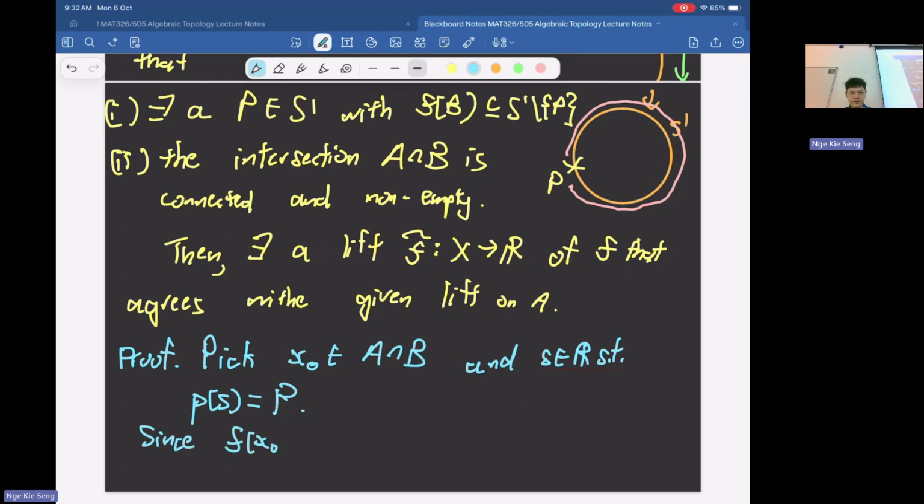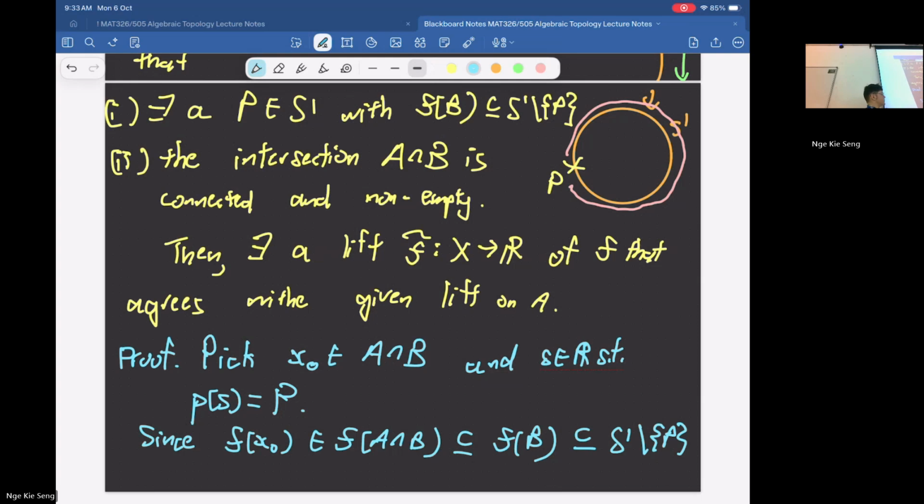F of s naught is living inside F of the intersection between A and B, and then this for sure is living inside F of B, right? Because A intersect B is in B. But we assume that F of B is living inside X1, missing out the point P. So it turns out that everything inside the intersection actually won't hit P.